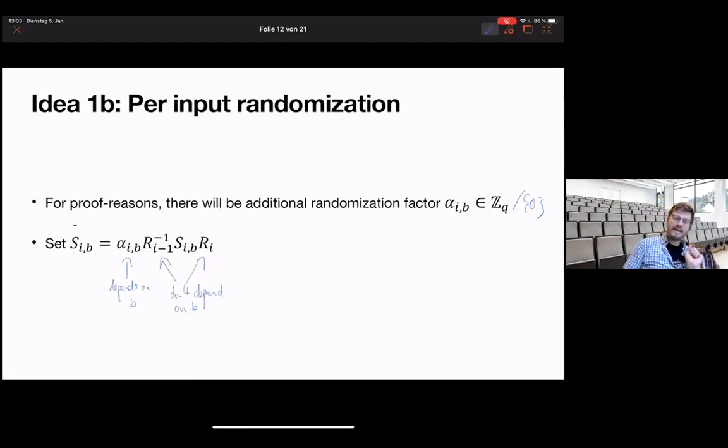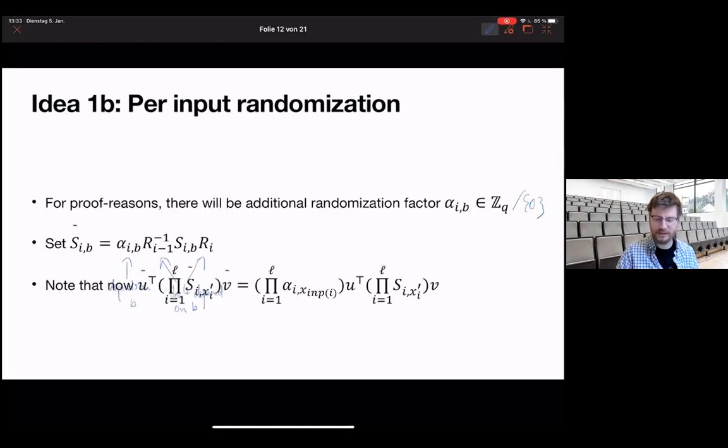These alpha I, Bs are there to inject additional randomness to use the security of the multilinear map. So both the R's and the alphas are used as randomizers for this multilinear map. And now, of course, I wrote over. Okay, let me maybe, I think for that I can have time.